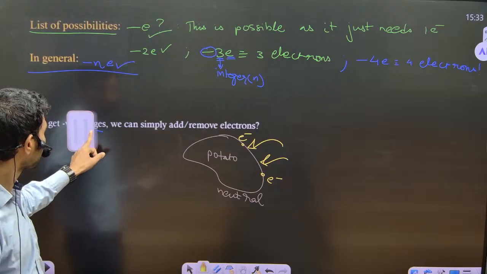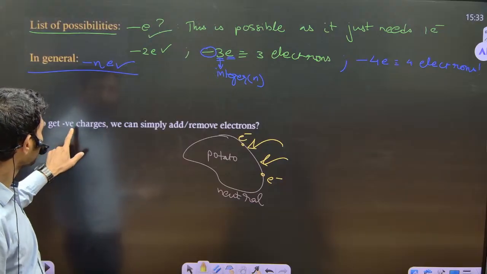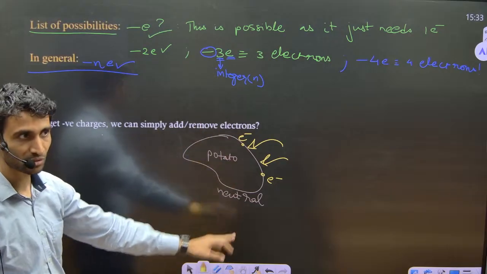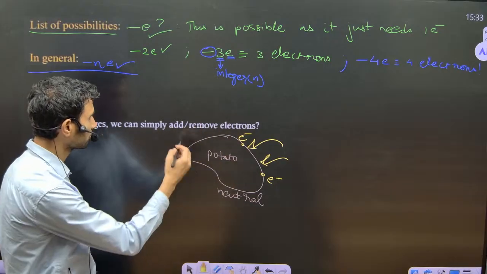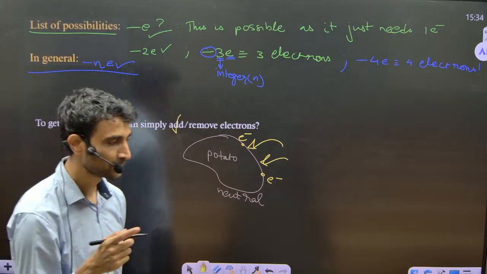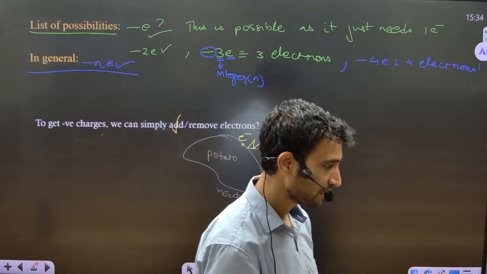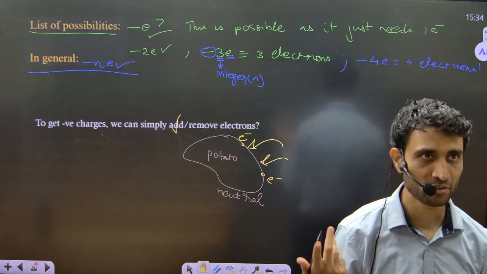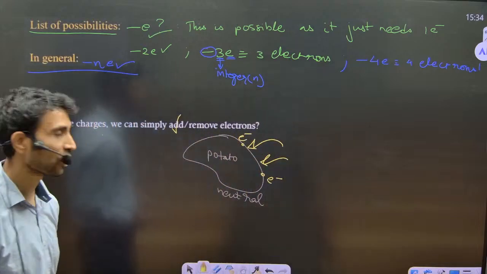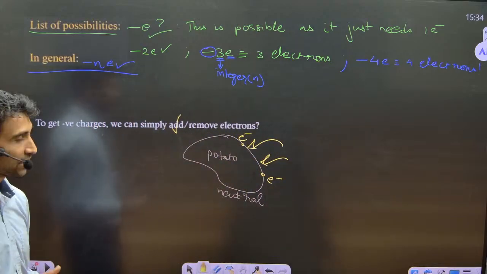So coming back to the original question, which was how to get negative charges, we simply have to add electrons. Add or remove, but of course add electrons, because electrons carry negative charge with themselves, thereby giving negative charge to the body of interest, right? Now that part is absolutely clear to you, how we get negative charges.